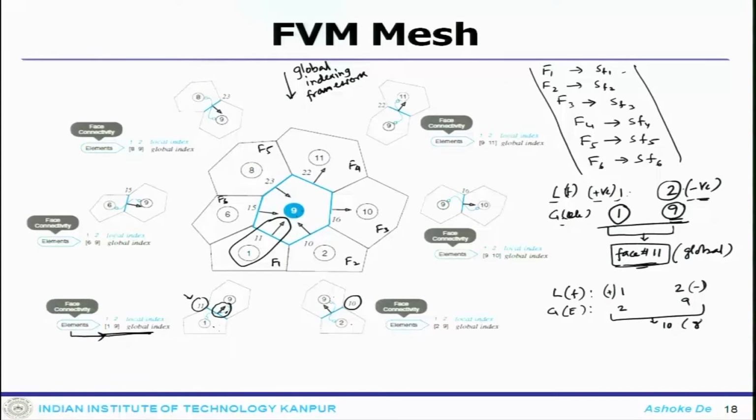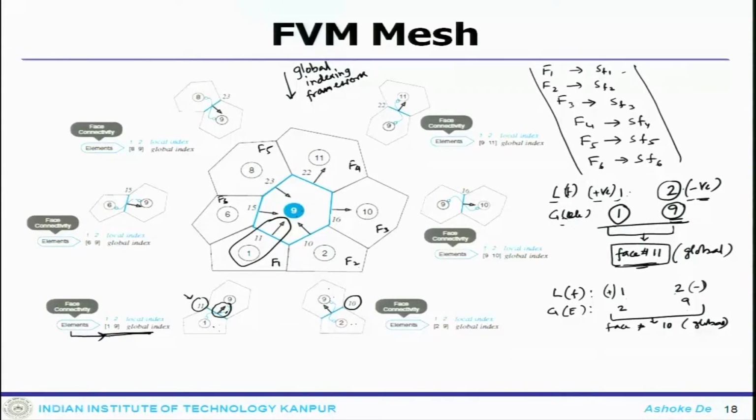This is global and this is the face number. Whenever it picks face number 10, the data structure immediately shows that it is connected with element number 9 and 2, and the local face numbering for element number 2 is 1, that means positive sign, so this will be pointing outward. For element number 9 the local face numbering is 2, so this will be pointing inward.